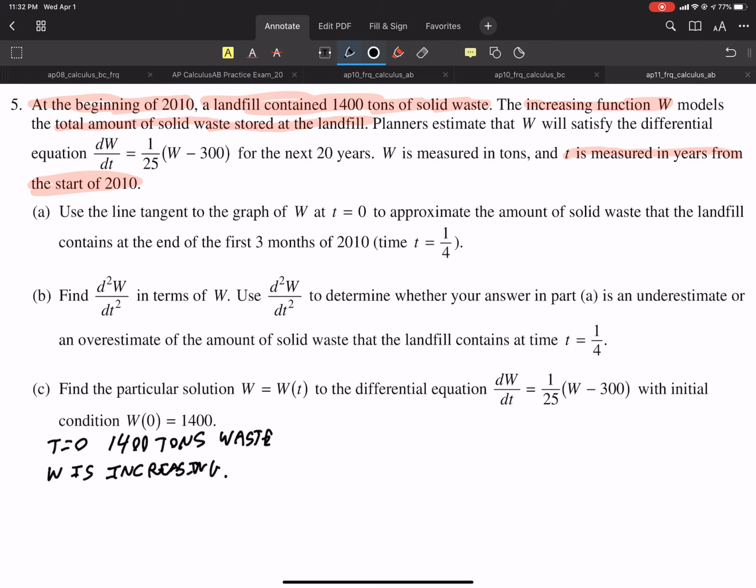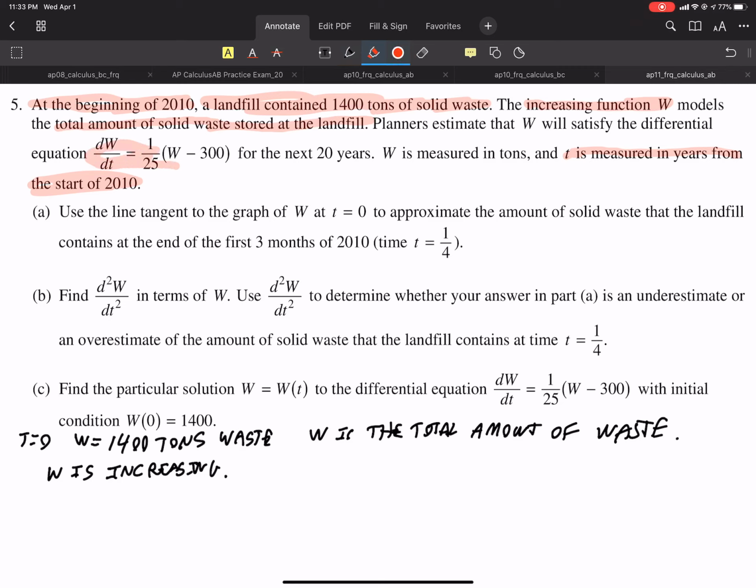Let me move everything over. When T equals 0, W equals 14,000 tons. And W is the total amount of waste in the landfill, but we'll stop there.